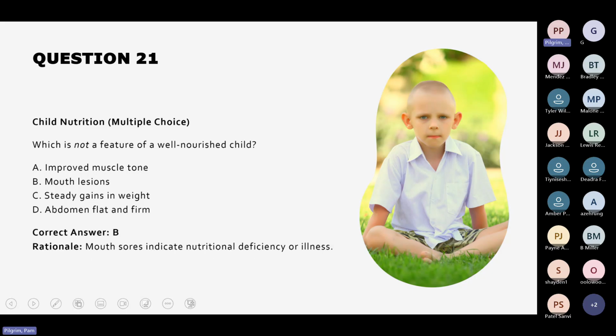The answer is the mouth sores. Sores indicate a nutritional deficiency or illness. The others are improved muscle tone, steady gains in weight, and an abdomen that's flat and firm. I understand where you might be confused by flat and firm, but children do usually have firm bellies, they're just not distended.